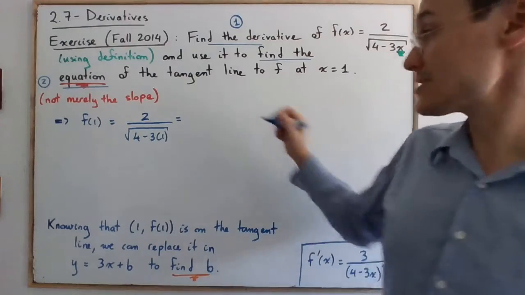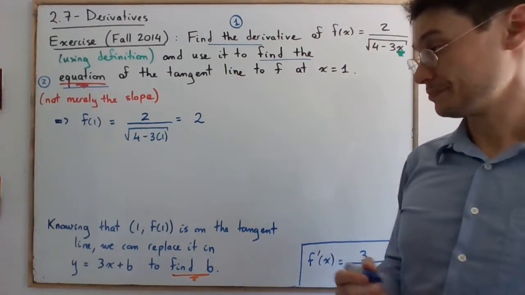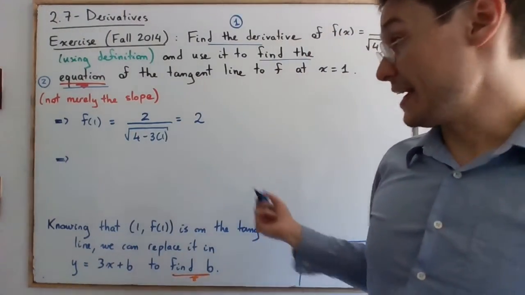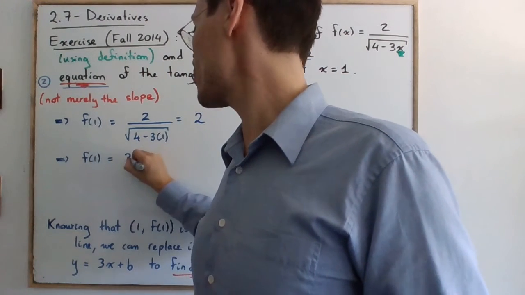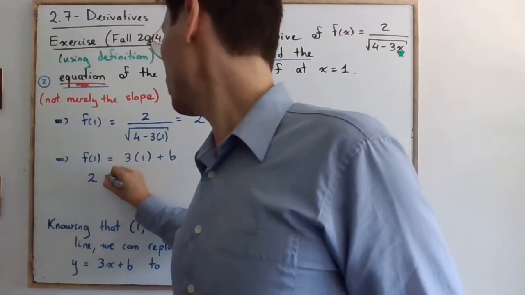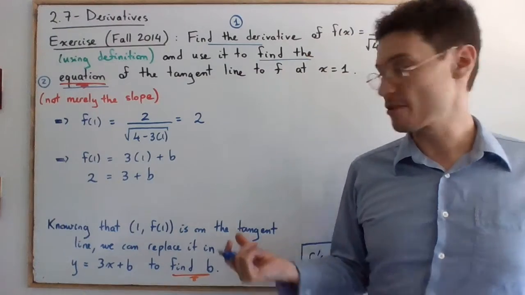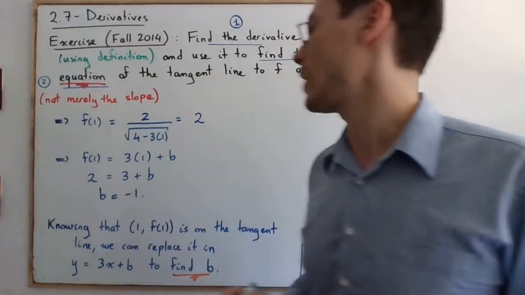Okay, so as a result, this will simply give us 2. And then what we do is we have f of 1 is equal to 3 times 1 plus b, which means that 2 is equal to 3 plus b. So you simply solve that equation for b, and you get that b is equal to negative 1.